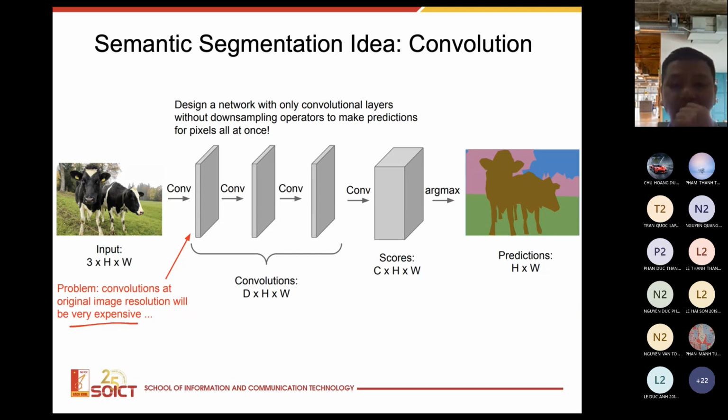So we can think about this: we somehow reduce the size of the activation map from the input image, and then at some point we enlarge the activation map to make the prediction for every pixel.